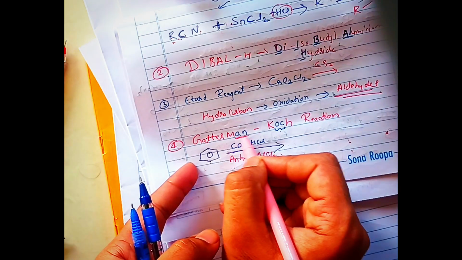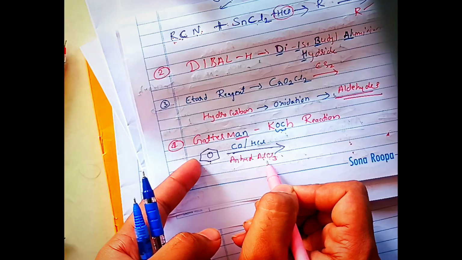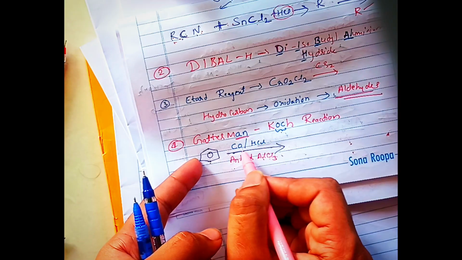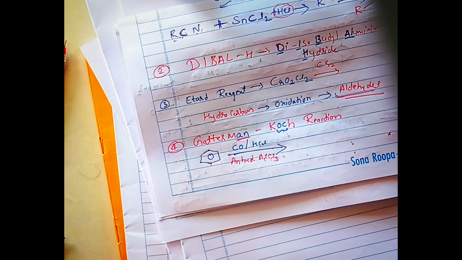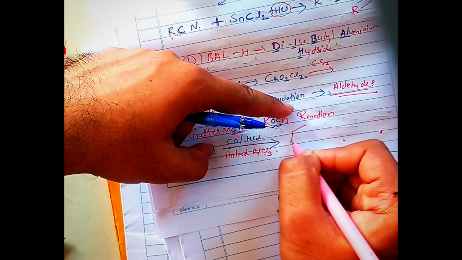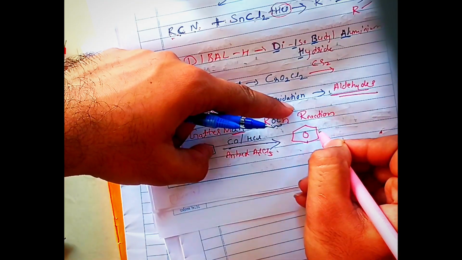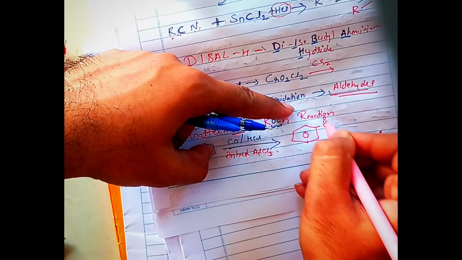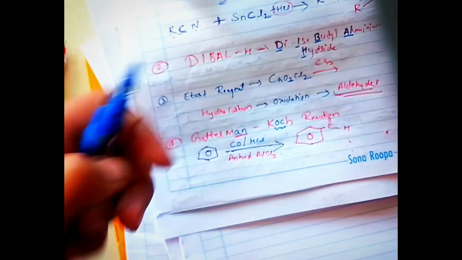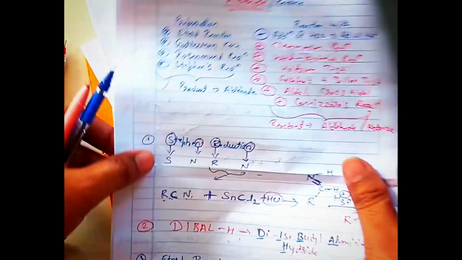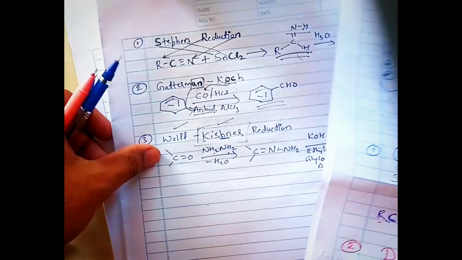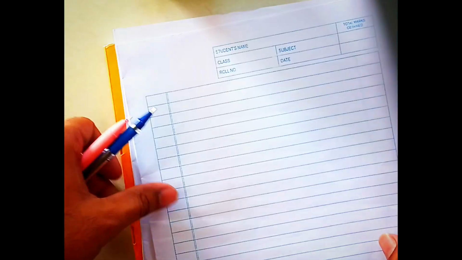So anhydrous AlCl3 is one reminder, and CO is another, and the product will be COH, which is benzaldehyde, an aldehyde. Okay, we get the aldehyde product. Then we can go further.